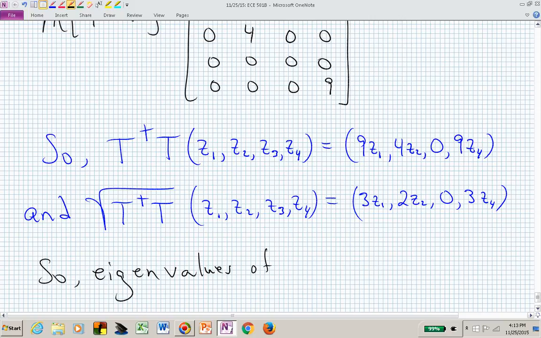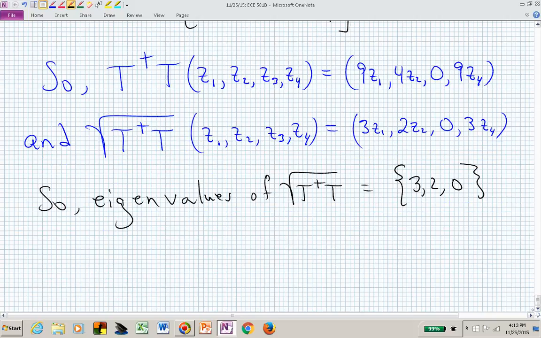And the eigenvalues then of this map, or the matrix corresponding to that map, are now 3, 2, and 0, with 3 repeated twice. And what did we say about the singular values of the original map?